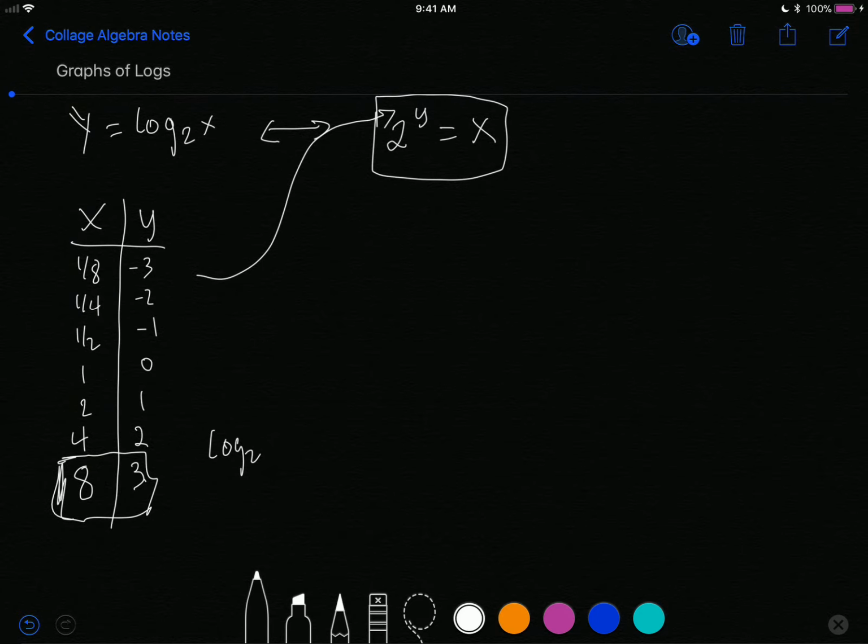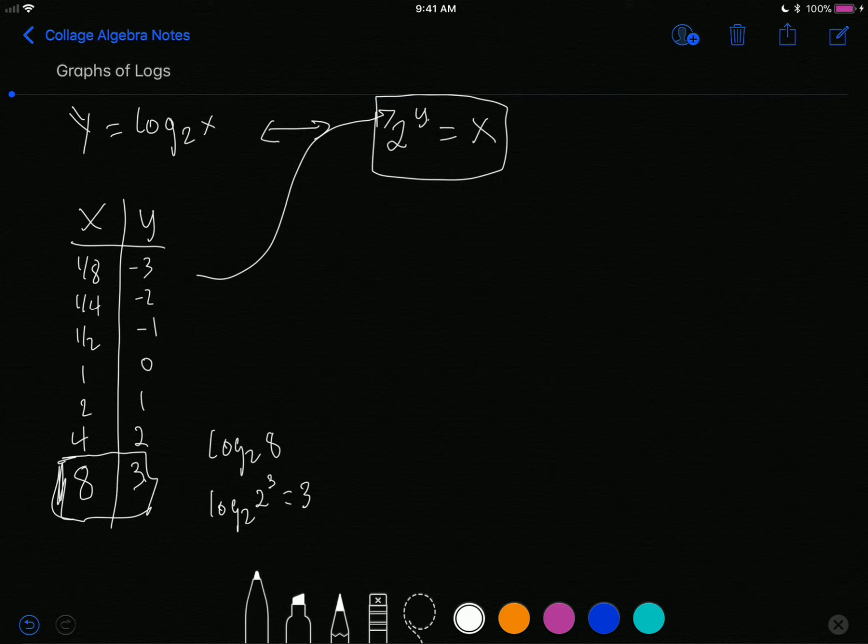Log base 2 of 8. Well, I know that this is log base 2 of 2 to the third power, and so this does in fact evaluate to 3. But we skipped all of these steps by simply working with the exponential form and using the y's as our starting point because I'm taking 2 to the y power.